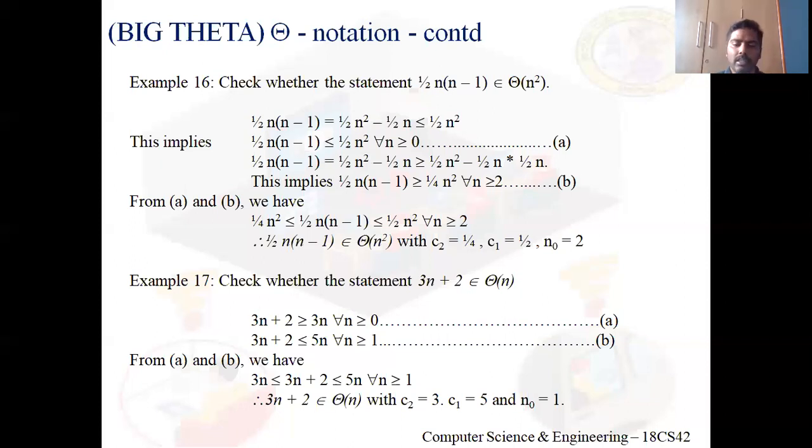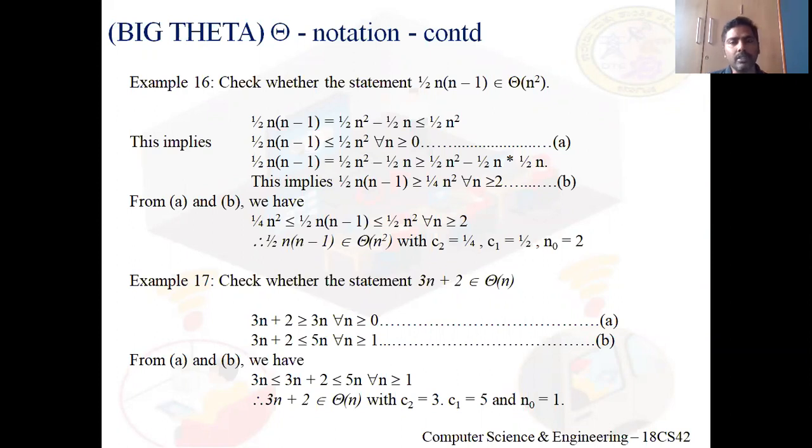Let me repeat. Summary of the session. Asymptotic notation means the study of the behavior of an algorithm: when I double the size of an input, by what amount the basic operation count is going to grow compared to the previous run.